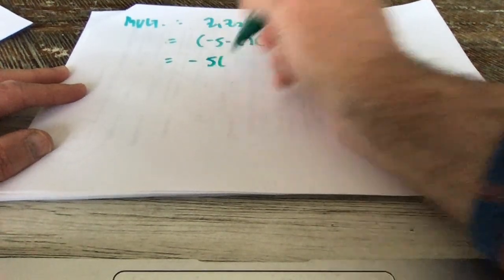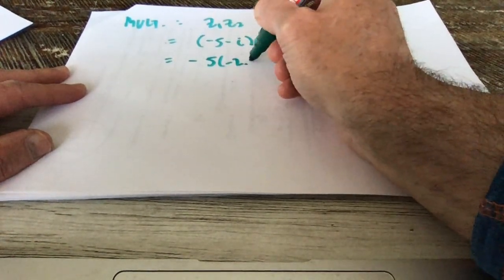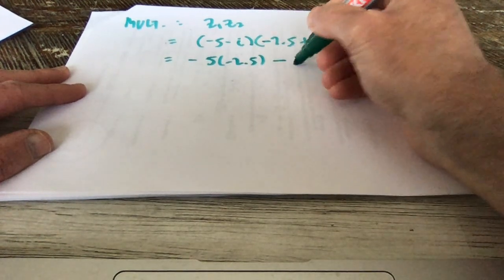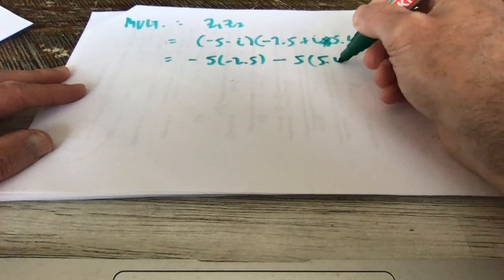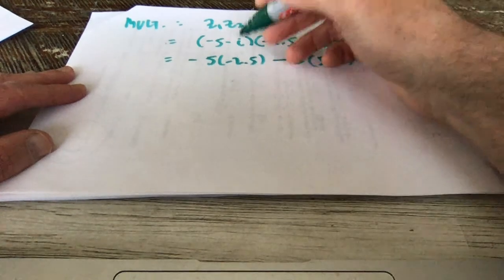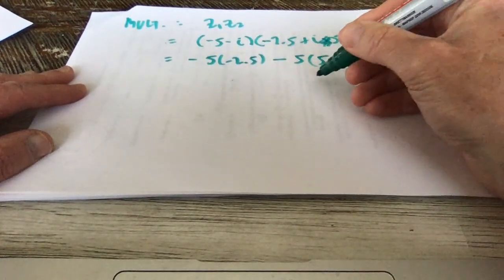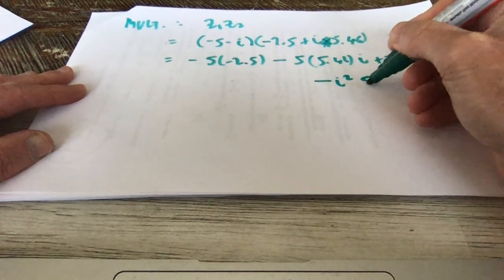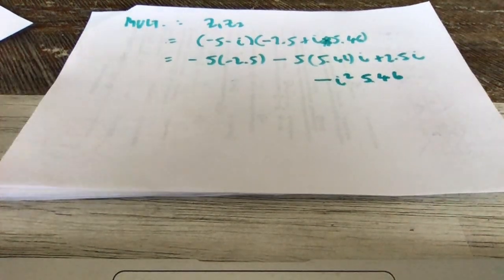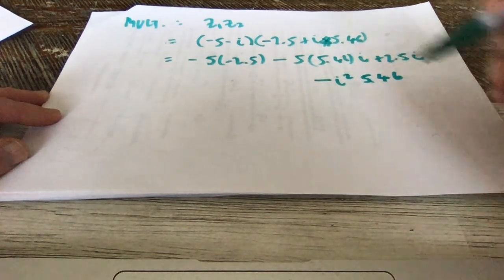You get minus 5 by minus 2.5, minus 5 by 5.46 i, then minus by minus plus 2.5i, and then lastly you get minus i squared 5.46. And i squared is minus 1, so you have to be careful with that.